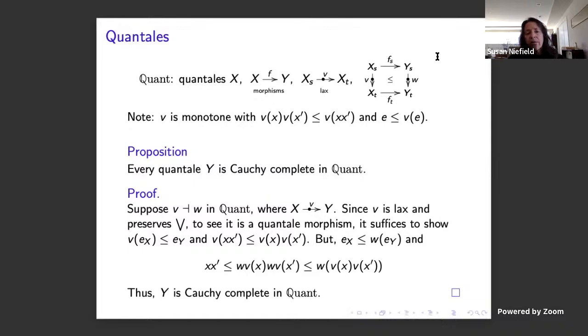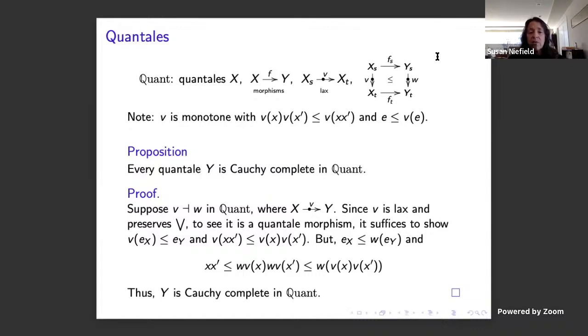And also, because W is a right adjoint, you know that X is less than or equal to W V of X, and X prime is less than or equal to W V of X prime. So you get X times X prime is less than or equal to W V of X times W V of X prime.